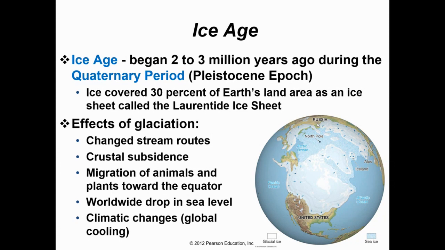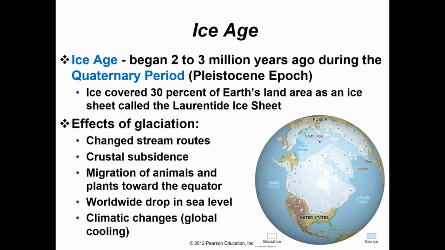Crustal subsidence, as I mentioned, because these ice sheets can be a mile thick, over 5,000 feet thick, they are very heavy and they will smash down the Earth's crust. Then you also have migration of animals and plants toward the equator.